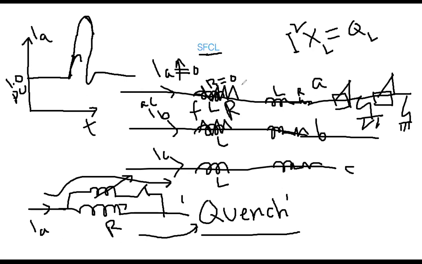You can say that although it works very nicely, this is proven technology to limit the fault current, well-known and widely accepted by the industry. But there are two drawbacks. One drawback is that even in the normal condition, it provides some reactive power loss.